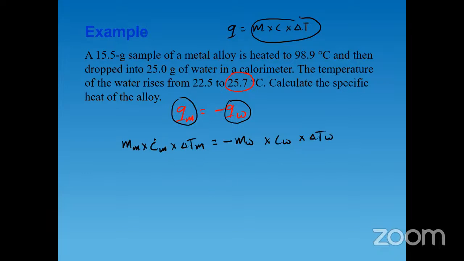Now remember, the question is asking for this right here, the specific heat of the metal. So we have to isolate it on one side of the equation. How do we do that? We divide both sides by what? If we want to isolate the specific heat of the metal, Cm, on the left side, what do we divide both sides by?